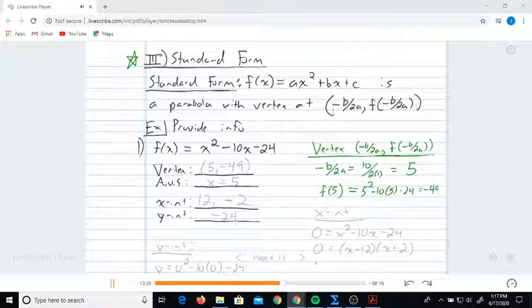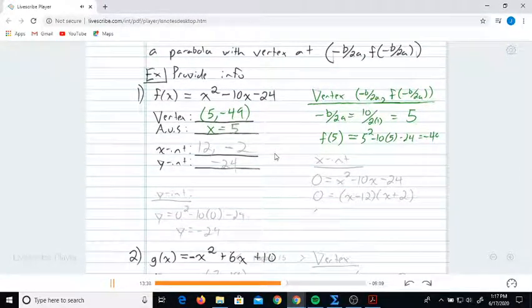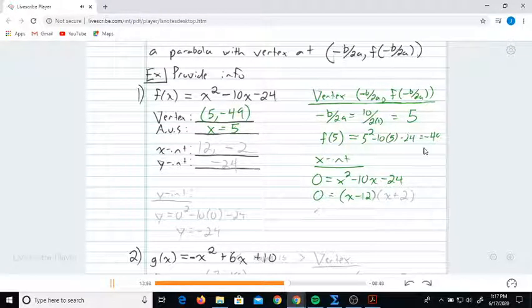Now the x-intercepts, we do the same as before. We set the y to 0 and solve accordingly. So this is a little bit of a refresher from the first exam. We'll go ahead and factor that. That'll factor to x minus 12 times x plus 2. So that tells us our x-intercepts are at 12 and negative 2.